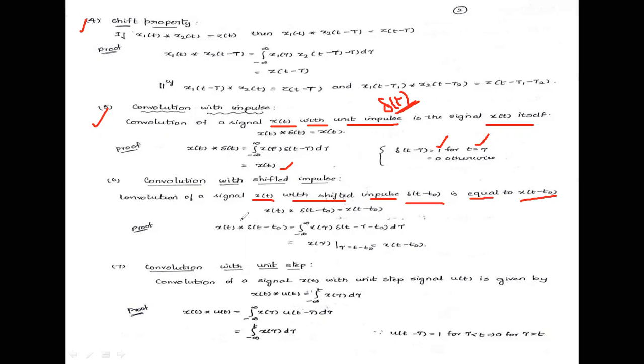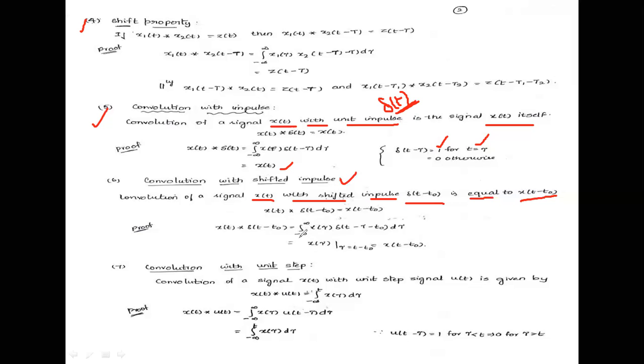See how it is? With this shifting property, x of t convolved with delta of t minus t naught, what is the output? The x only, but with the shifted version, t minus t naught. Convolution with the shifted impulse uses the shifting property of convolution.